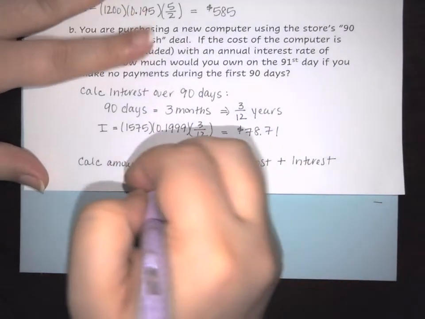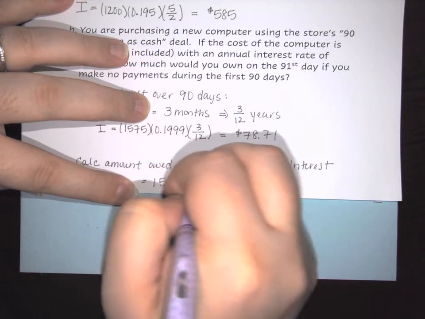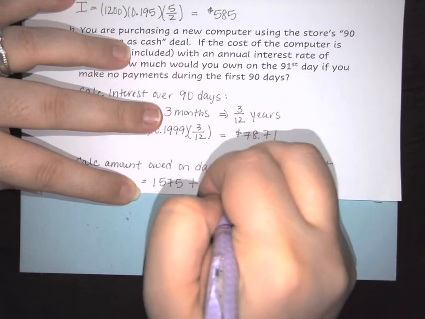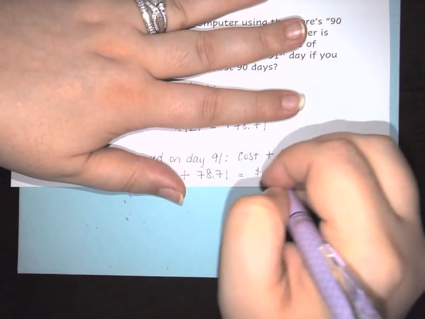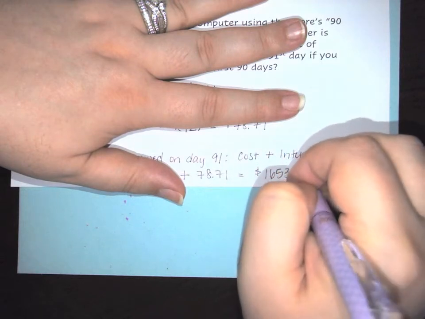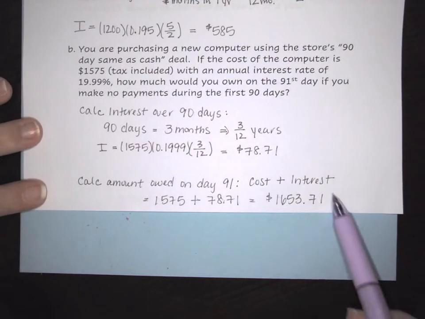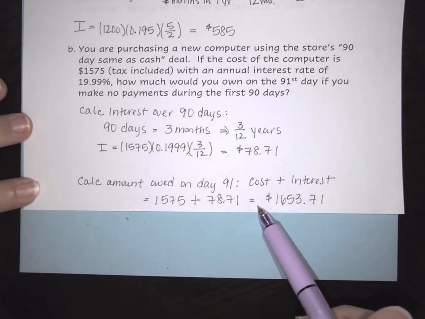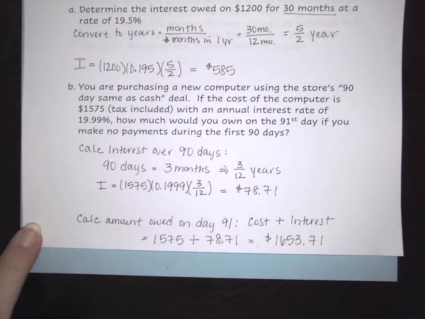So it would be the $1,575 that the computer costs, plus my interest of $78.71, and that's going to give you a total cost of $1,653.71. So on day 91, this is what you owe on your purchase: $1,653.71.